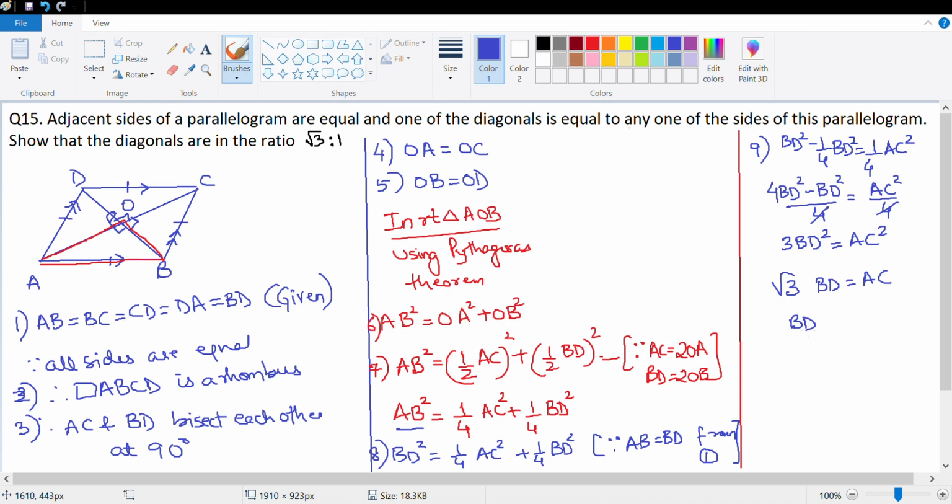This is the bigger side, so we will have AC upon BD will be equal to root 3 upon 1, which means AC is to BD is equal to root 3 is to 1. That's what they wanted us to prove. Done. Perfect. So that finishes this chapter for me.